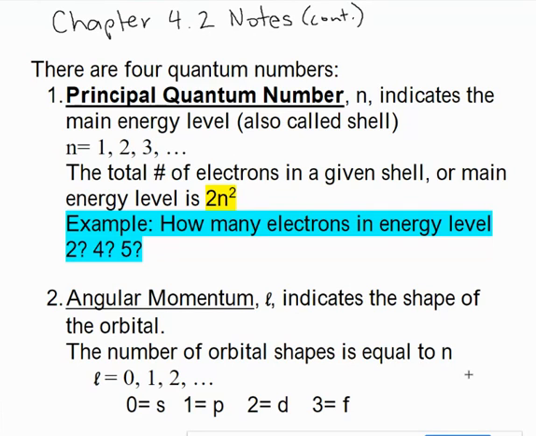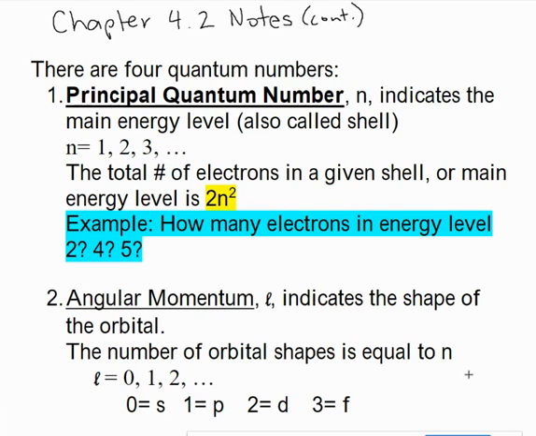These are also called shells of the electrons. So we have n equals 1, that would be energy level 1, n equals 2, energy level 2, and 3, and so on. The total number of electrons in a given shell or energy level is 2 times the energy level squared. So for example, how many electrons in energy level 2?